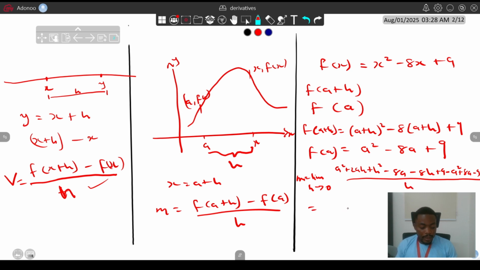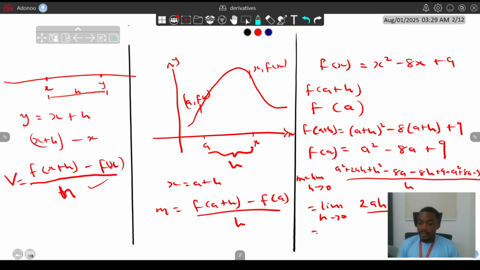Take your time and do the simplification, and you realize that you have the limit as h approaches 0 of 2ah plus h squared minus 8h all over h.